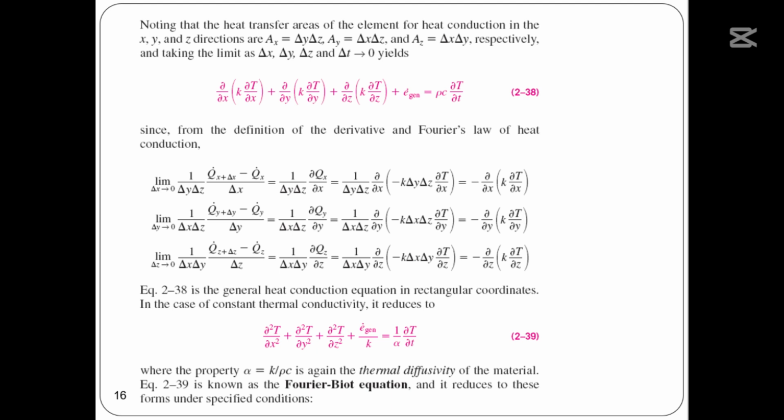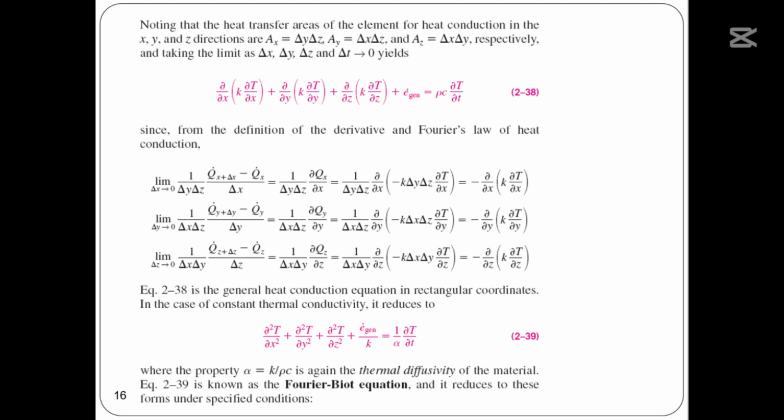So in this equation, we can see that we have the x dimension, the y dimension, and the z dimension. The other terms like density, the heat generation, and the thermal conductivity remain the same. In the previous one, we had only the x direction, the heat generation term, and the heat accumulation term. But in the three-dimensional equation, we have two other dimensional heat transfer terms, and all the remaining terms are the same.